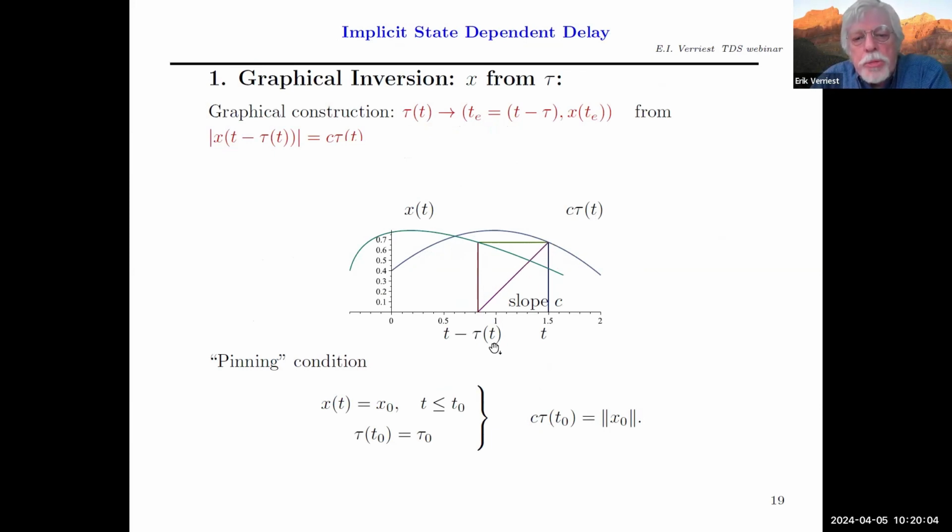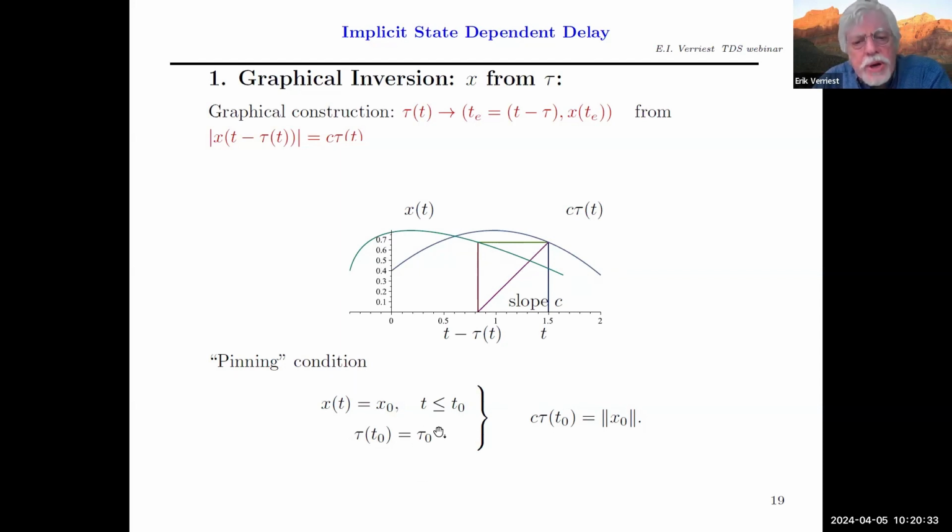That gives us t − τ. And then the x at t − τ is precisely equal to cτ. So this is a simple construction: you get the value, you come down here, and then copy the value over here. So from the blue line of the observed time delay, we get the actual position x here.